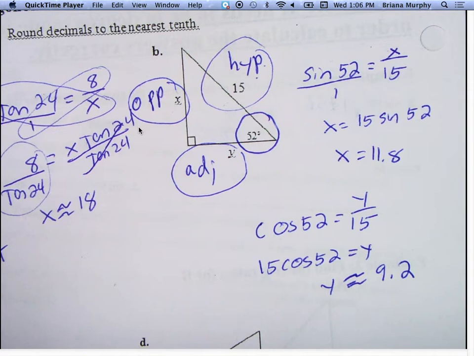Yep. So now I want you guys to try C and D on your own. Please try C and D on your own.